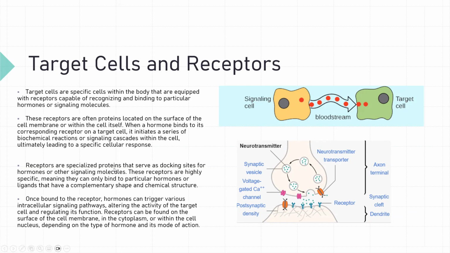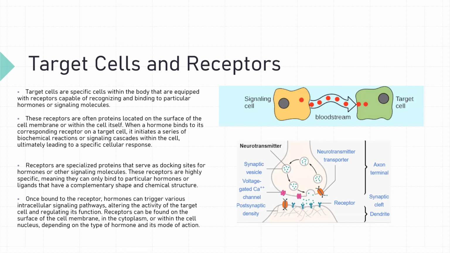Receptors are specialized proteins that serve as docking sites for hormones or neurotransmitters. These receptors are highly specific, meaning they can only bind to particular hormones or ligands that have a complementary shape and chemical structure.